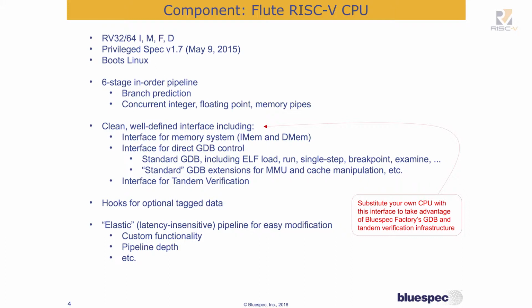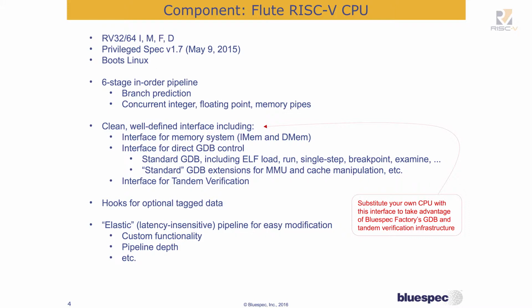You can use standard GDB for interacting with the SoC: load an ELF file, run it, single step it, et cetera. The other key interface is the tandem verification interface, by which we are able to run the implementation and check it online against a reference model, to make sure that the architectural state changes it's causing are according to the reference model.